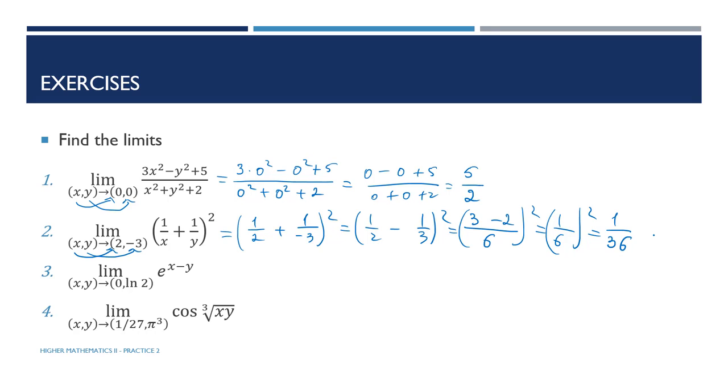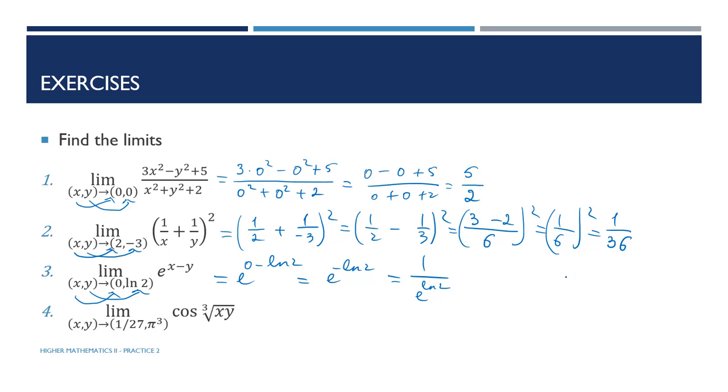If it's correct, go for the third one. Instead of x, 0, instead of y, ln 2. e to the 0 minus ln 2. This gives me e to the negative ln 2. So do you know how to calculate this one? This expression equals 1 over e to the ln 2.